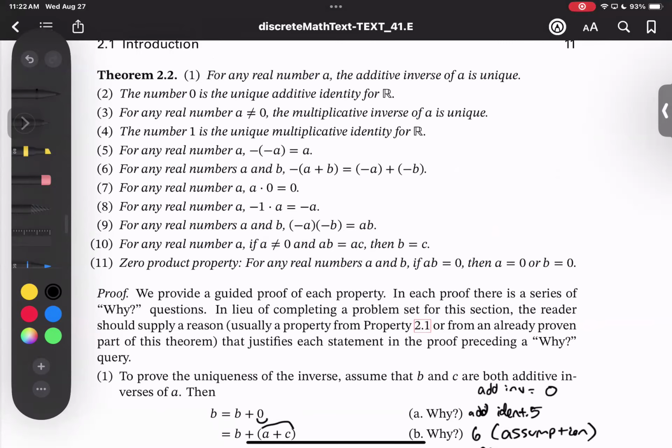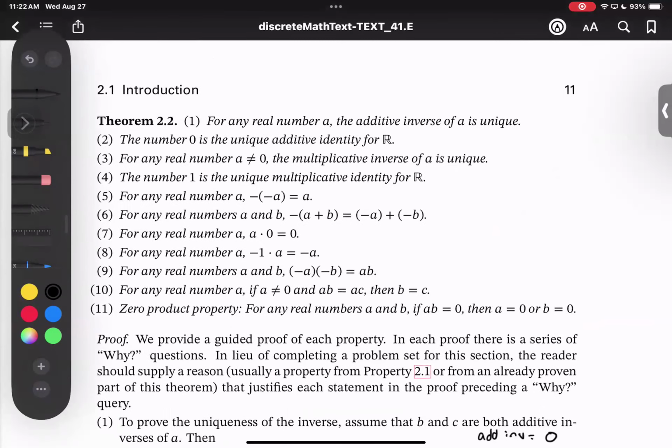And I can leave these parts up too, or I can show the properties. And I want you to go through each of the steps. The book has the steps for you, and just identify at each part which property do you use, or which part of the theorem that we've already proved do you use. So this is about finding the justification. Any questions before we get going? All right, go for it.